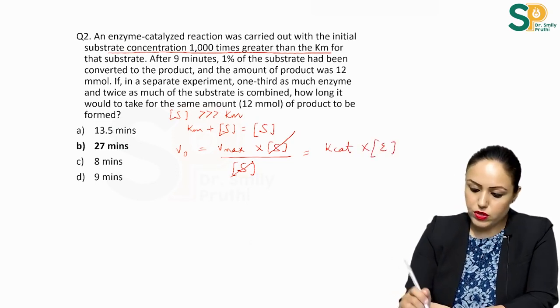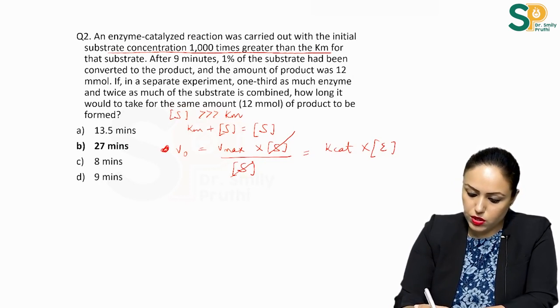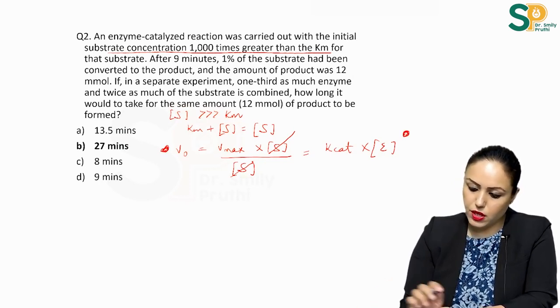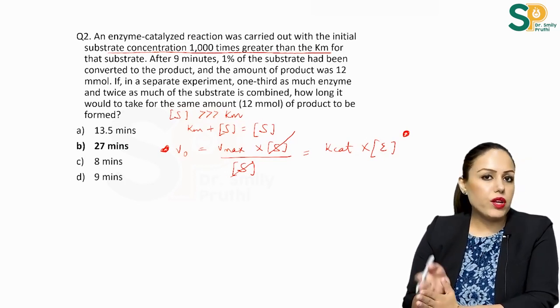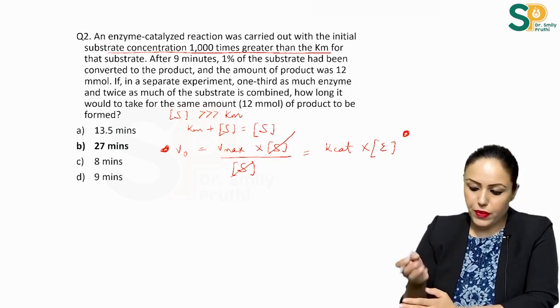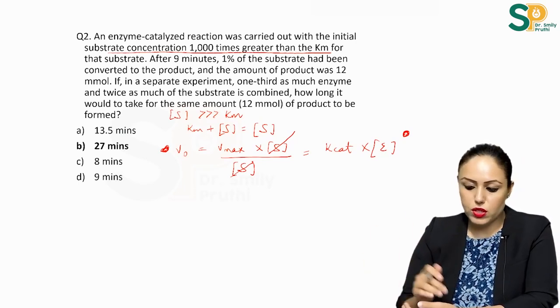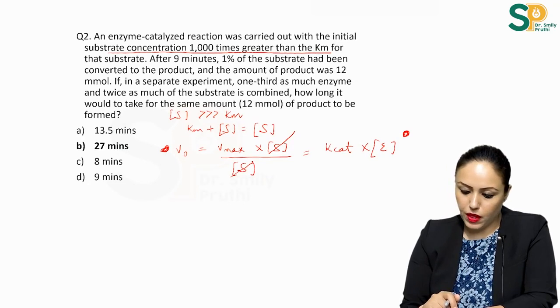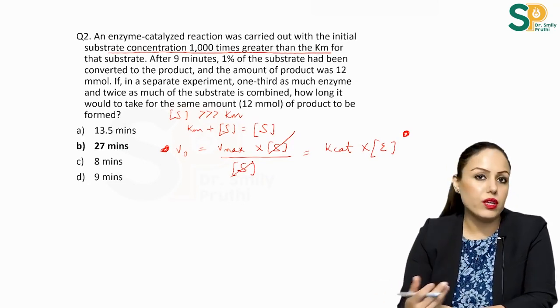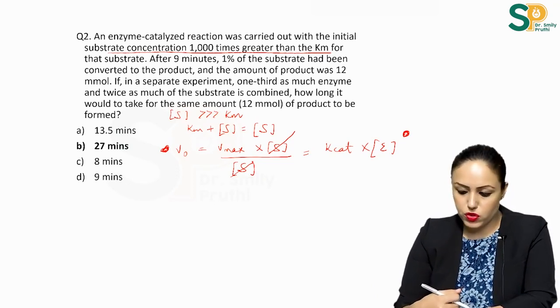So what is my equation now? V0 is equal to K catalysis into enzyme concentration. So when substrate is very high compared to Km, the short equation is V0 equal to K catalysis into enzyme concentration, as V0 is equal to Vmax, right? And I told you Vmax is equal to K catalysis into enzyme concentration.